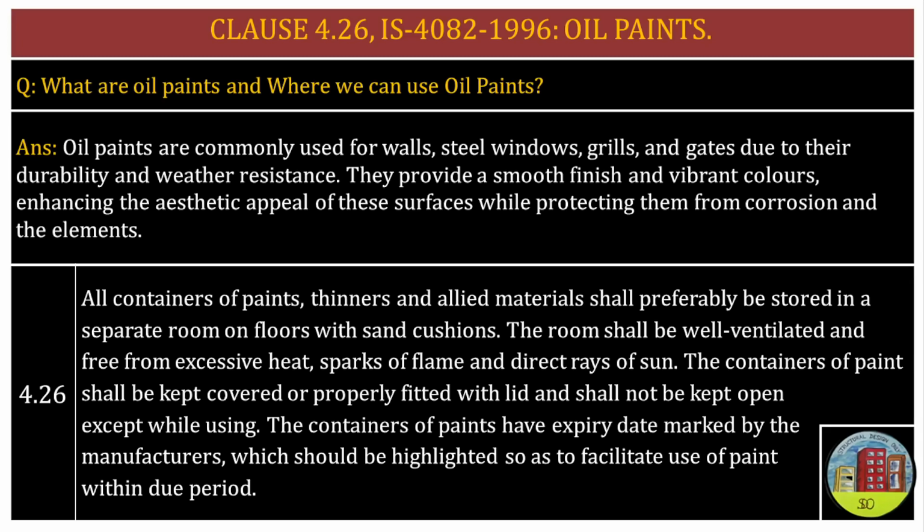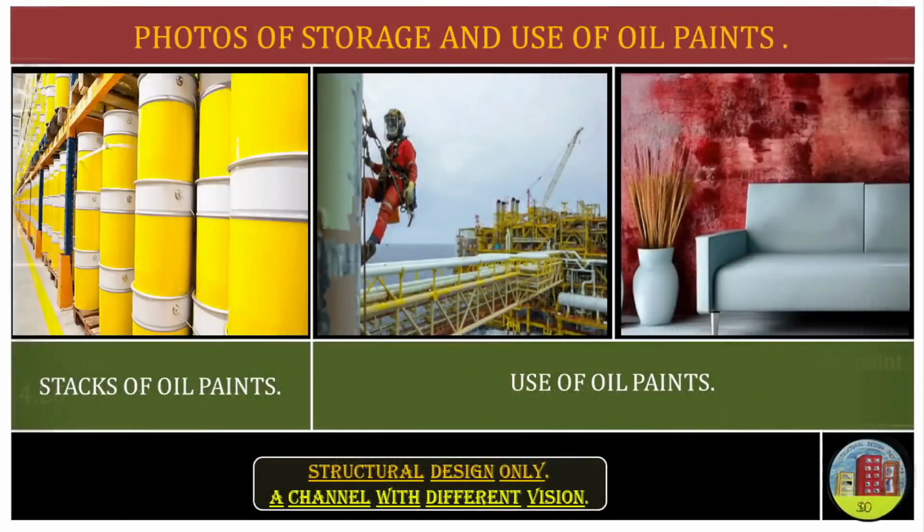The container of paint shall be kept covered or properly fitted with lid and shall not be kept open except while using. The container of paint has an expiry date marked by the manufacturer, which should be highlighted so as to facilitate use of the paint within the due period. And these are the pictures of storage and use of oil paints.